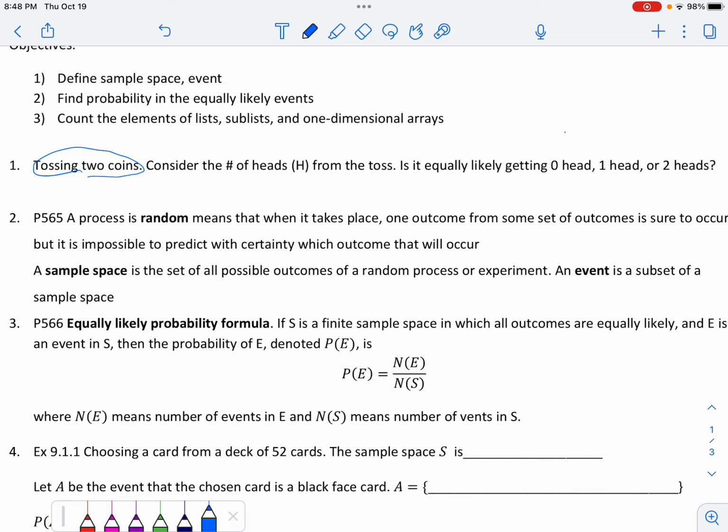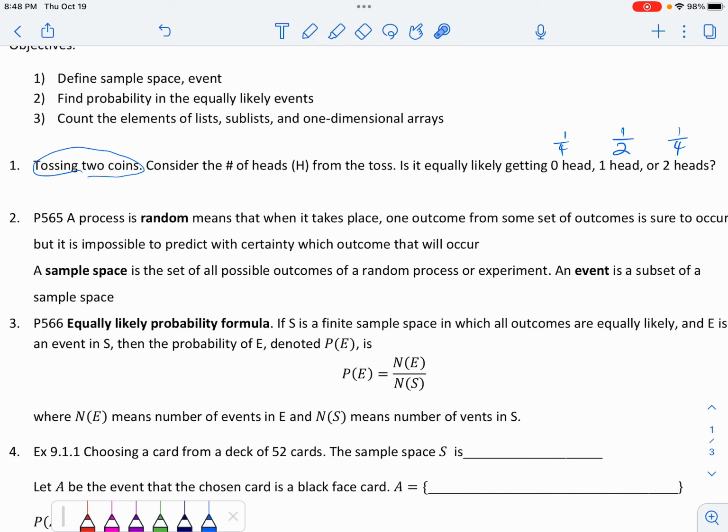It turns out this is about 1/4 chance, this is about 1/2, this is actually 1/4. They're not equally likely. So therefore, being able to correctly count the results is actually pretty essential.